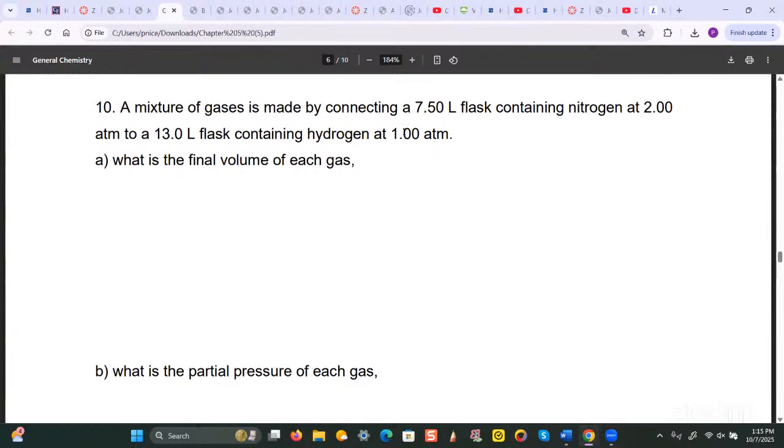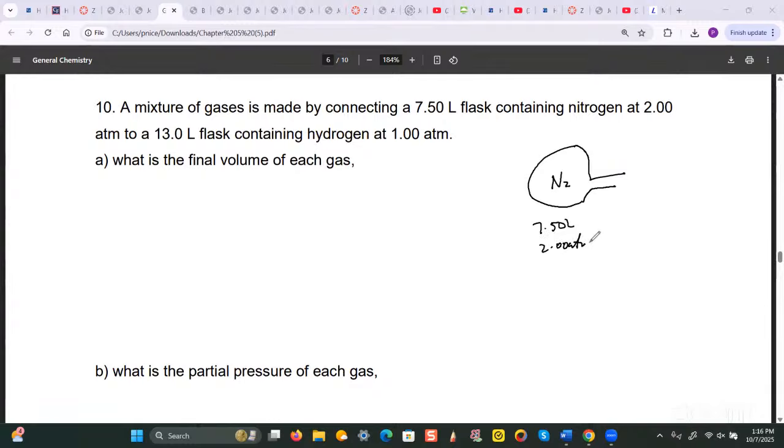What I think would help a whole lot is if we draw a diagram to represent what we have here. So we have two flasks. We have this flask here, which contains, and please forgive my poor artistic skills, I'm not gifted when it comes to drawing, nitrogen, and it has a volume of 7.50 liters and the pressure is 2.00 atmospheres.